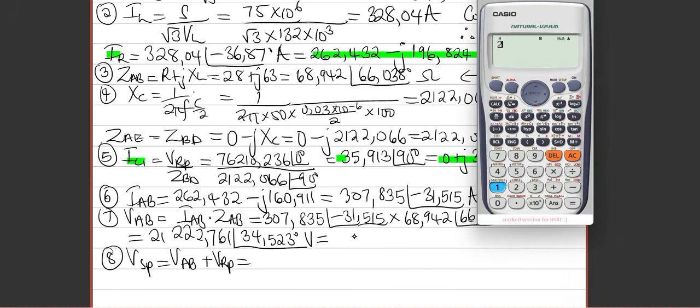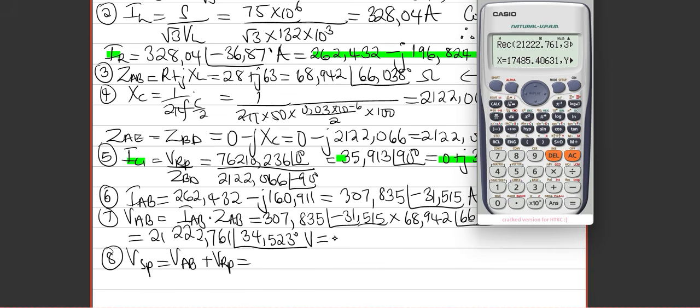To do that, we convert 21222,761 at the angle 34.523 to rectangular form. It's already in polar form; we need it in rectangular form, so shift rec. Then it gives us this massive answer here.